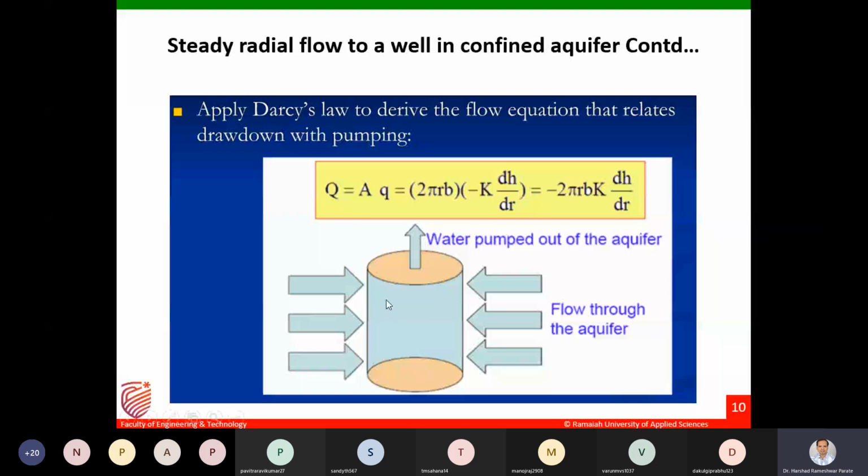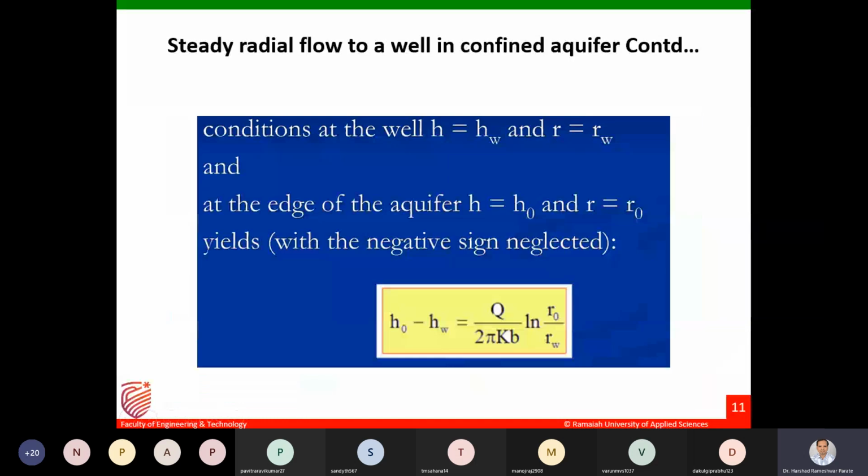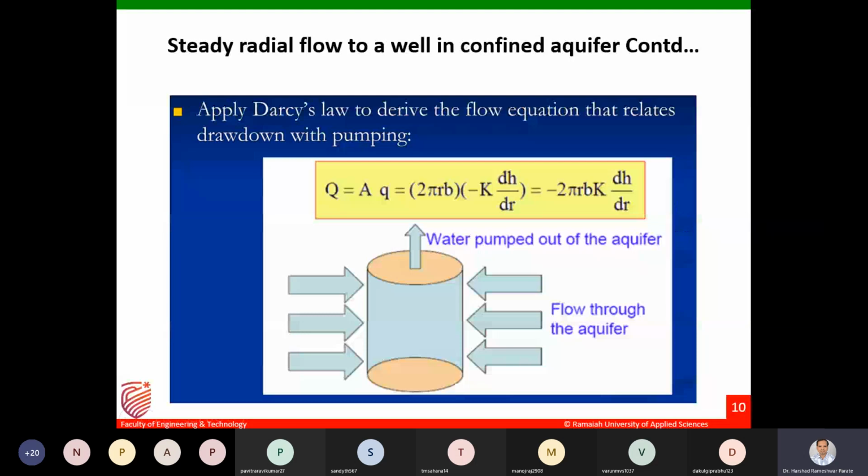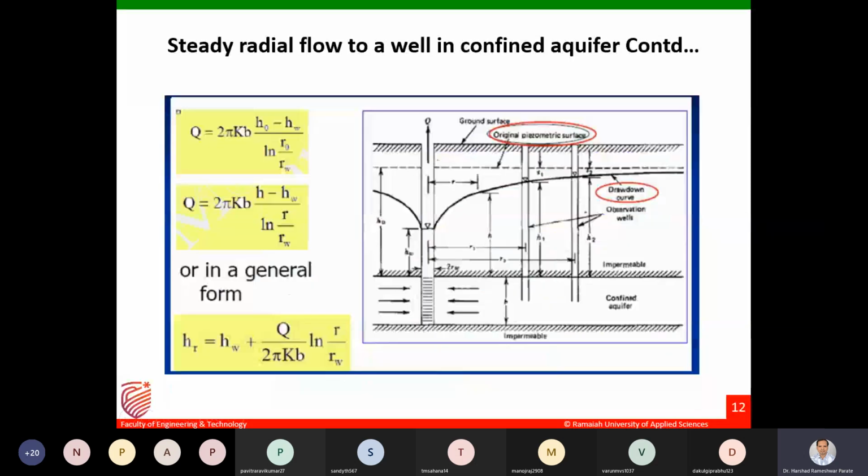If you simplify these equations, we come up with a final equation. Don't worry about the derivation part. You should remember what equation we should be using for our problem. This is for the confined aquifer.